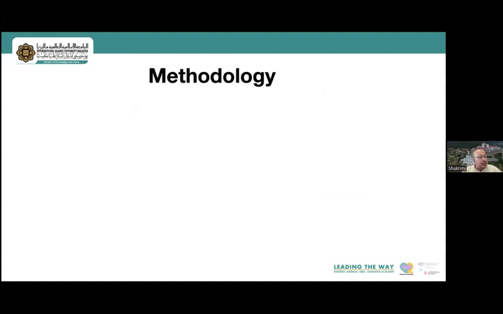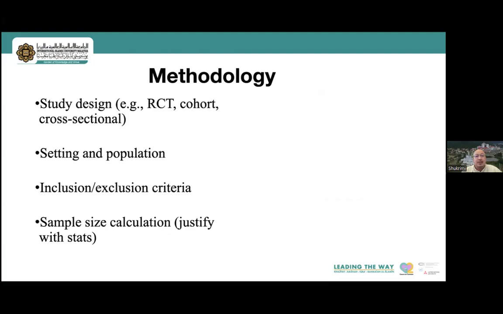Methodology. This is usually the area the reviewers like to see, because they want to know whether our study is feasible or not. This methodology must be very specific. What is the design, what is the sample, what are the inclusion and exclusion criteria.